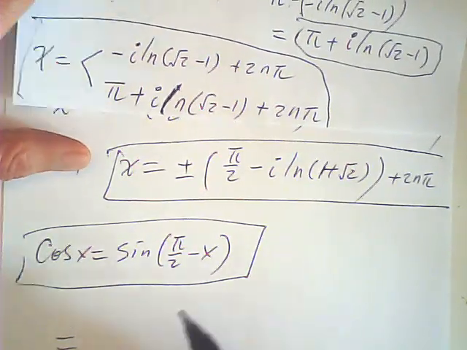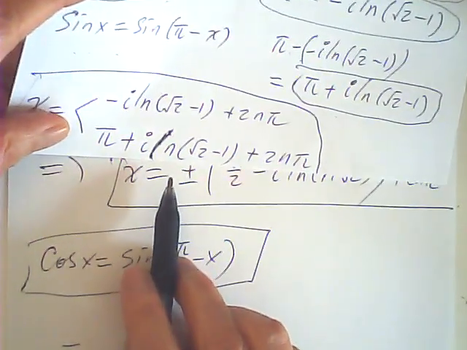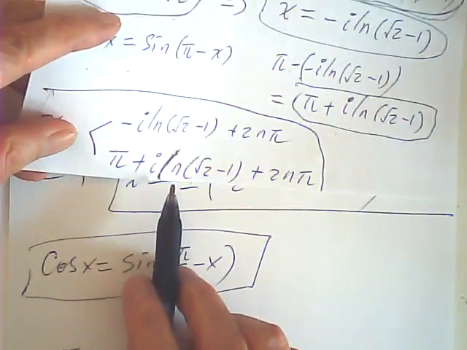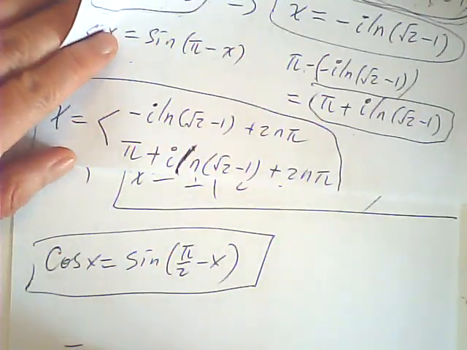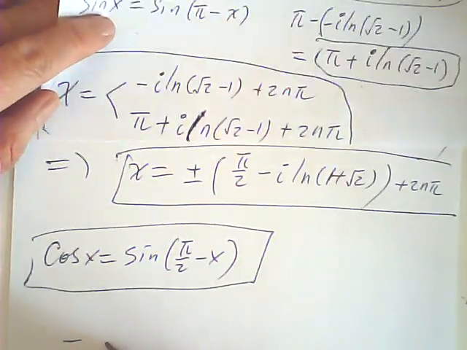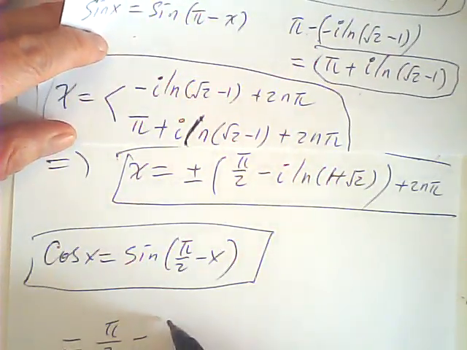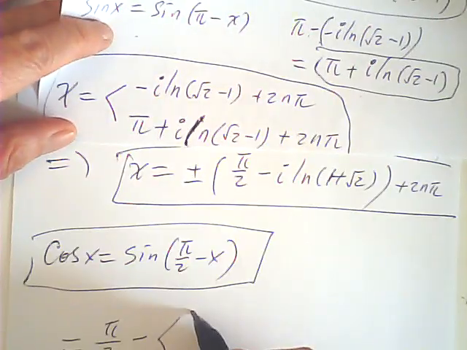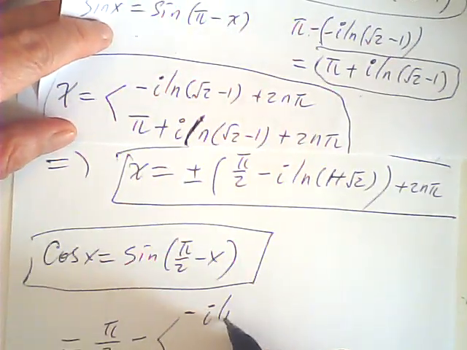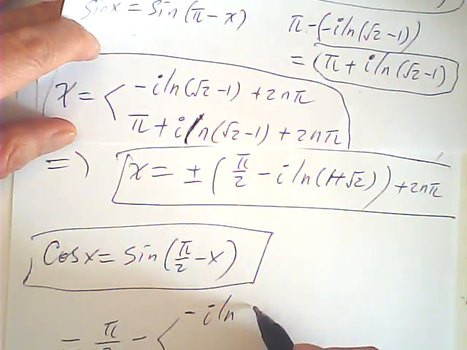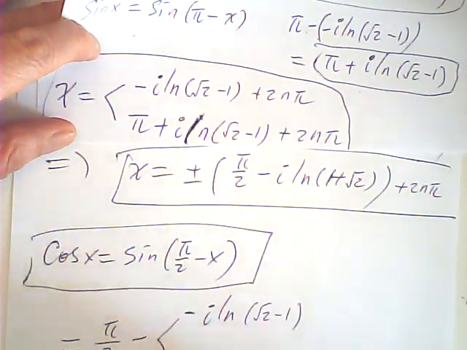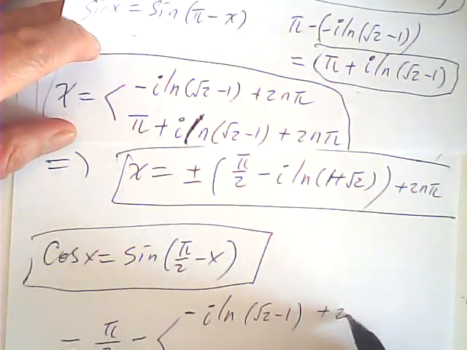So x equal to, this is the solution for sine x. So this is equal to half π minus this, right? Negative root 2 minus 1. Yeah, plus nπ.